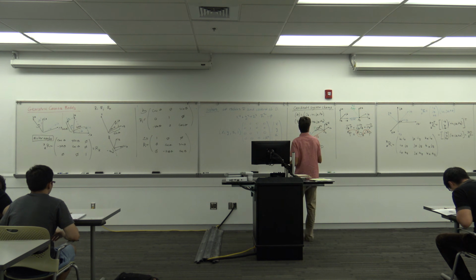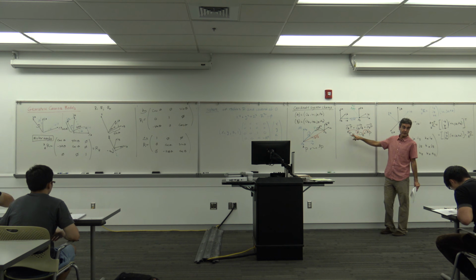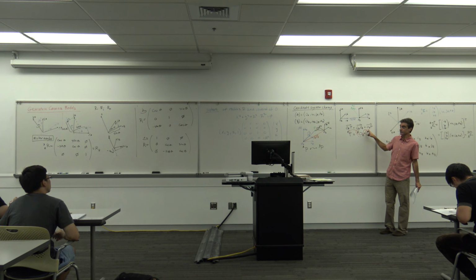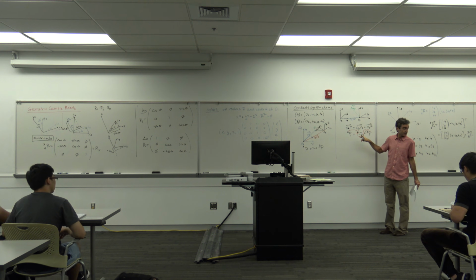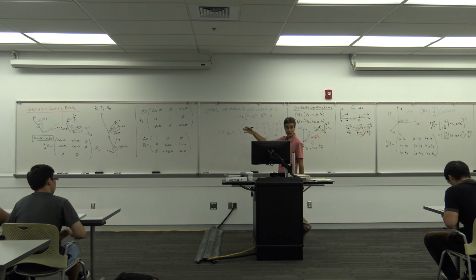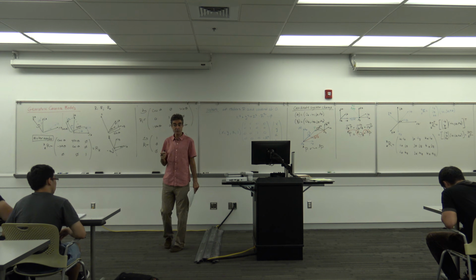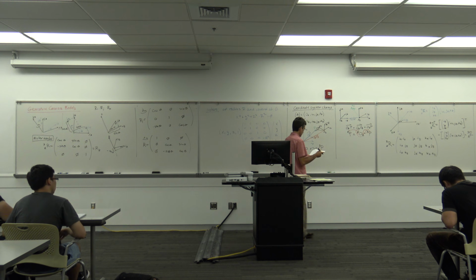So as we did before, remember, P as given in the coordinate system of A is equal to P in the coordinate system of B plus this. Now I'm going to represent that rotation with a product. So the product represents the rotation.